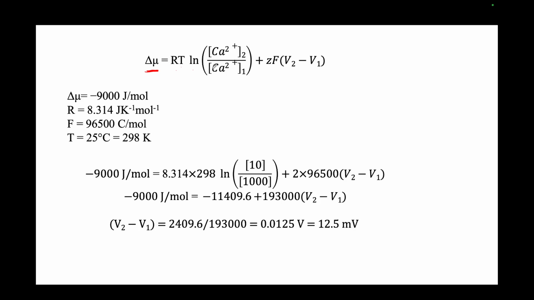So, lower divided by higher, plus Z F, Z is the valency, F is the Faraday's constant, and V2 minus V1 is the potential difference across the membrane. Okay.